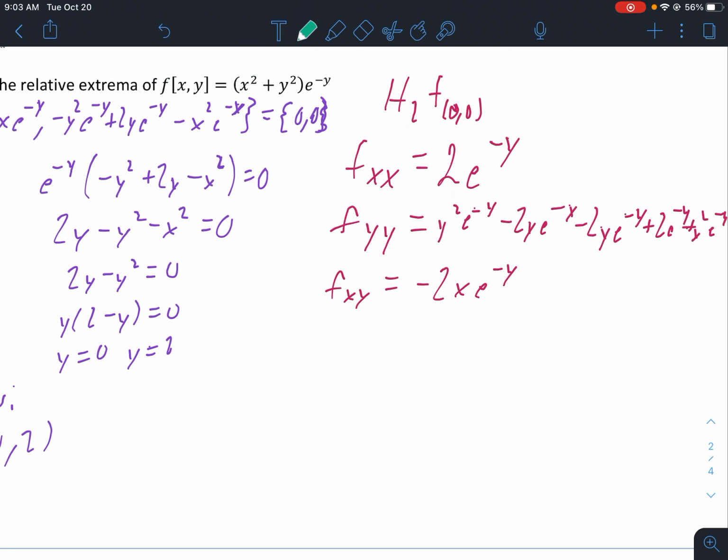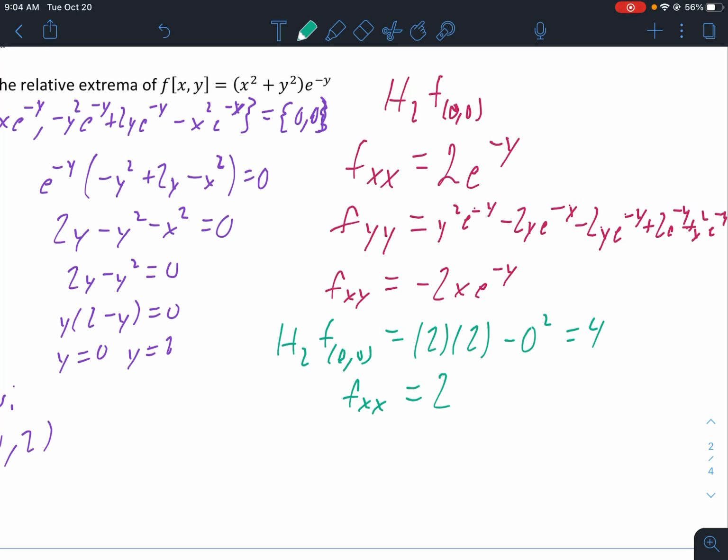Okay, so now our Hessian at (0, 0) would be 4. The second partial derivative with respect to x, if you put 0 in for y, you just get 2 back. So our Hessian is positive. Our second partial derivative is positive.